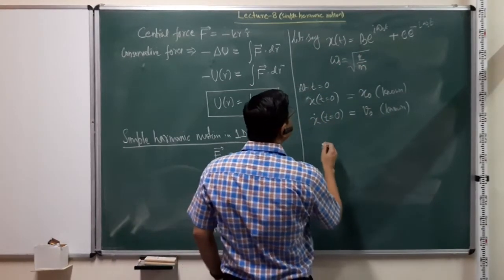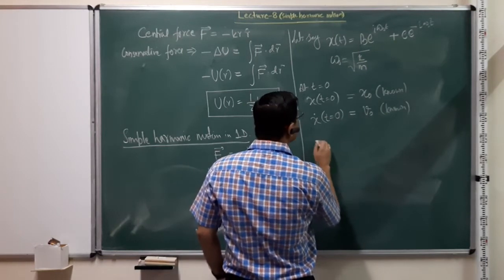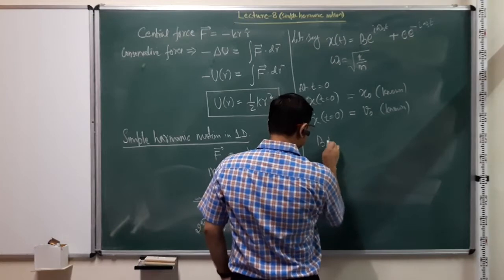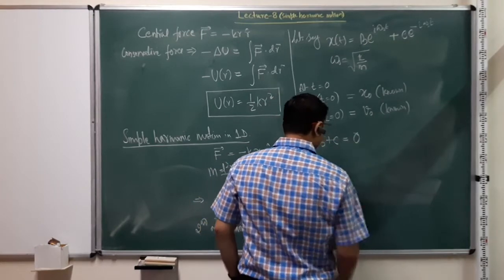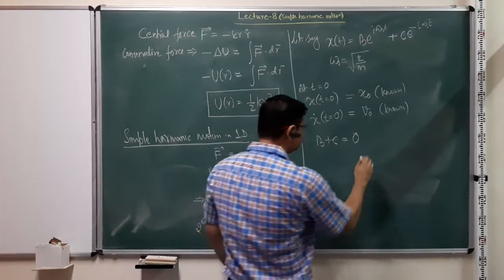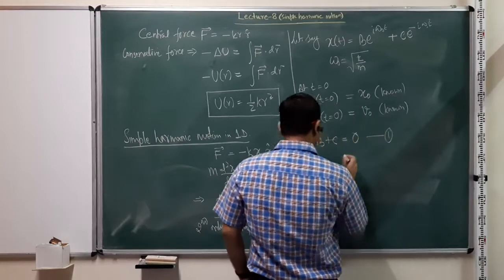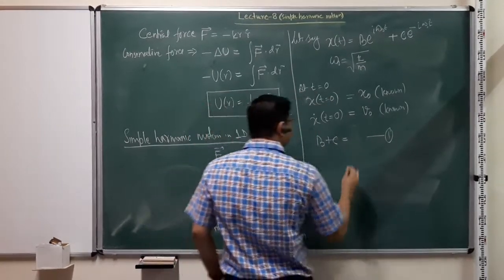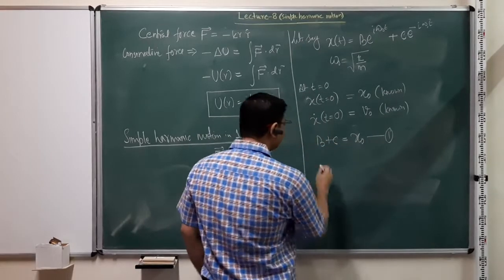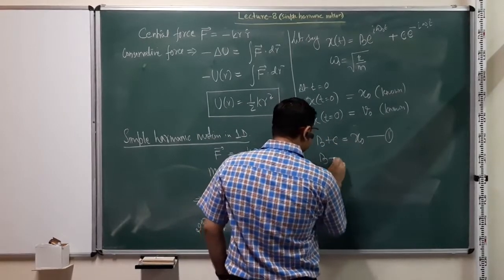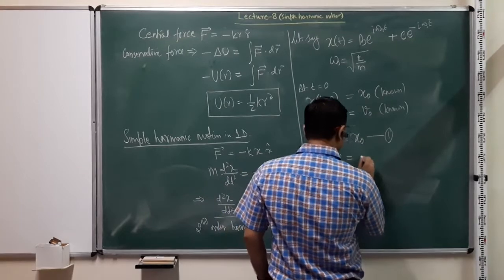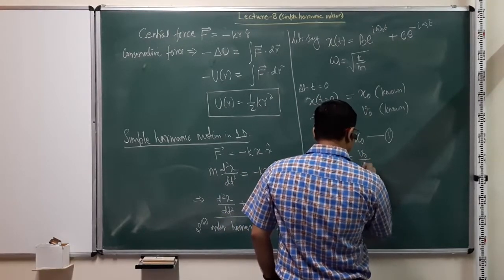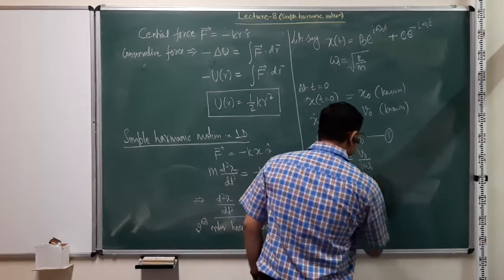So if you do that, we will get two equations: b plus c equal to x0, and b minus c equal to v naught over i omega naught.